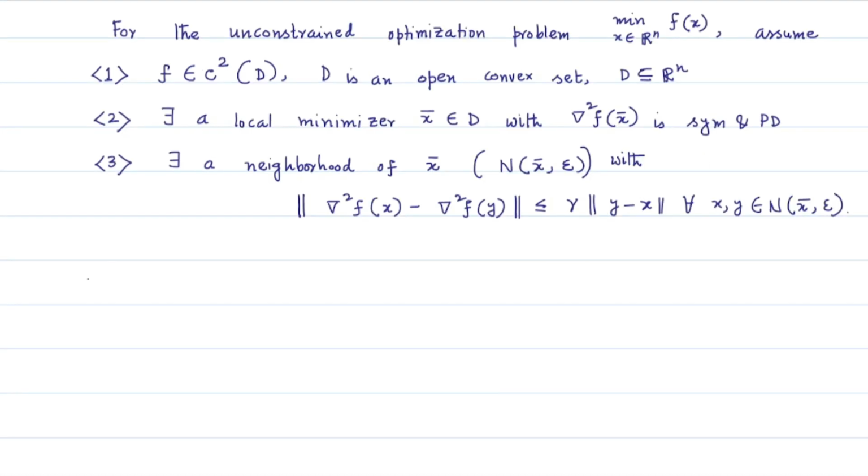Now, under these three assumptions, the local convergence of the quasi-Newton method states that: let the function f satisfy the assumptions 1, 2, and 3.